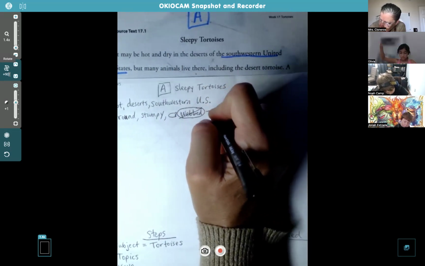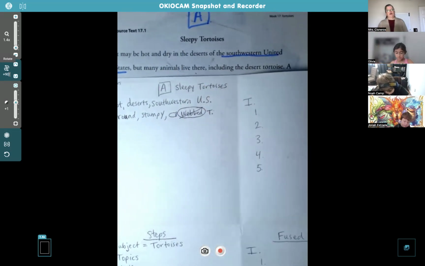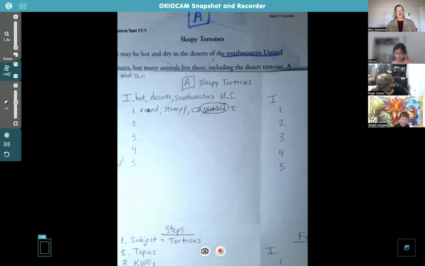Round. And then I'm putting a T here for turtle. If you want to copy mine, you can. You don't have to do it like I did it. You guys can put your own facts down from the paper, but this is what I'm choosing to put down. I drew a foot too.